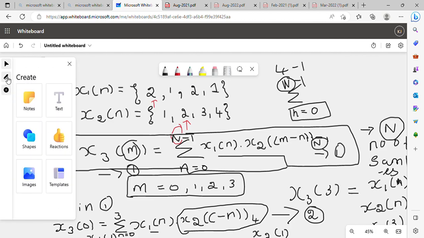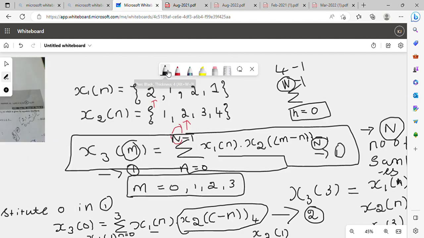Then, next, after writing that, you're going to write the equation for circular convolution as, see, I'm going to write circular convolution.